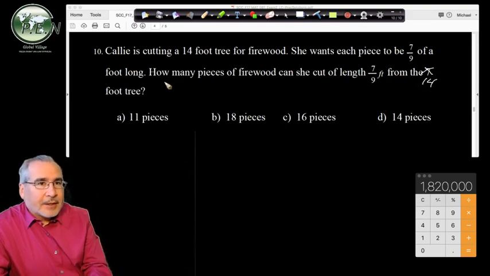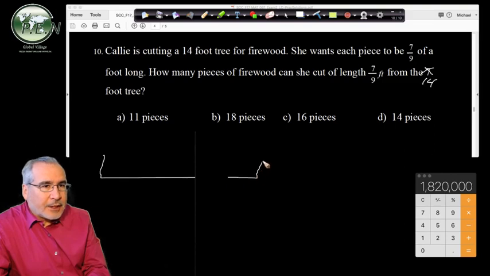Okay. So how many pieces of firewood can she cut of length 7/9 foot from the 14-foot tree? So what you have to recognize here is we've got our 14-foot tree, and we're going to cut it into pieces that are not a foot long, but that are 7/9 of a foot.